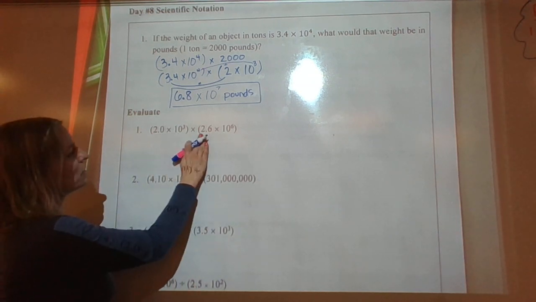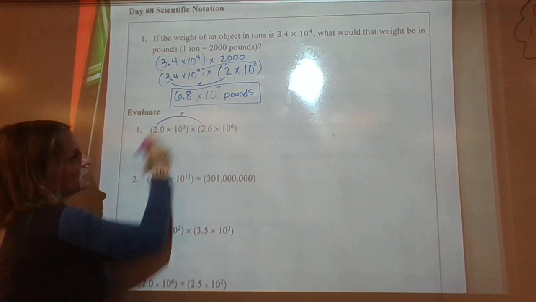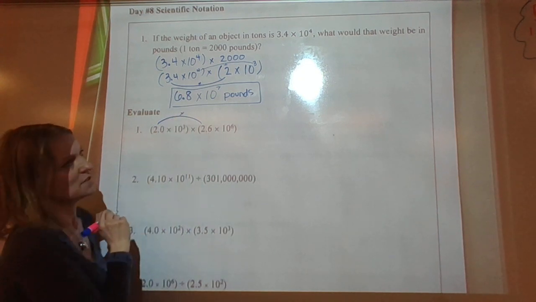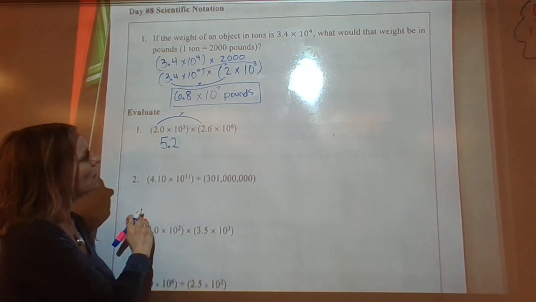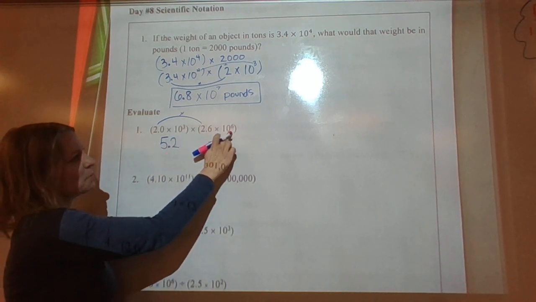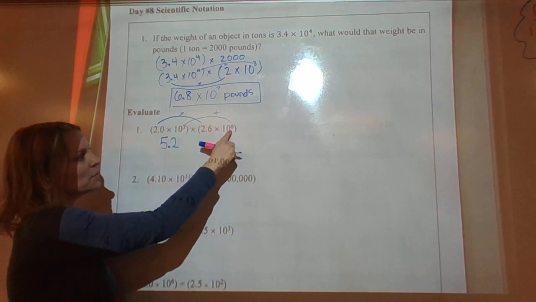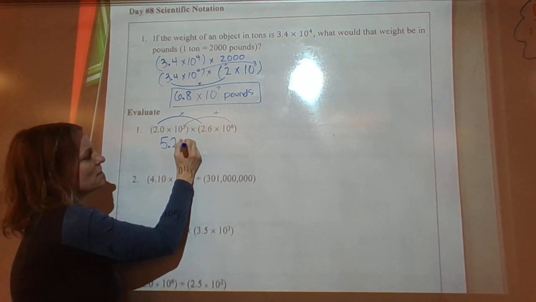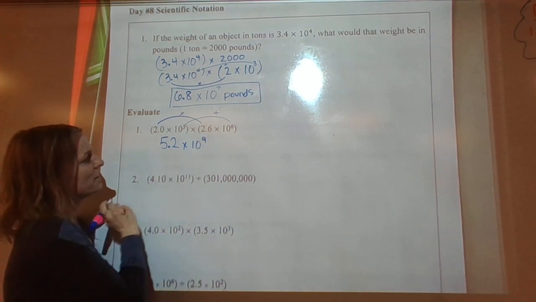Okay, so again, I'm going to look at my plain old numbers, the 2.0 and the 2.6. I'm just going to multiply those. So 2 times 2.6 would make 5.2. All right, and then my exponents, since I'm multiplying, I just add my exponents. 10 to the 3rd times 10 to the 6th makes 10 to the 9th power. Okay, and then that's my answer.